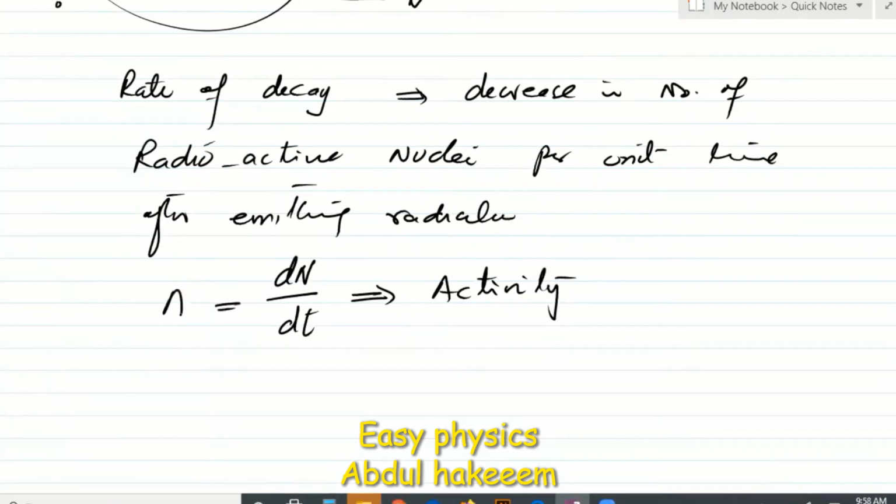So activity is represented by A. So activity A means dN over dt. How many nuclei are decreasing per unit time?